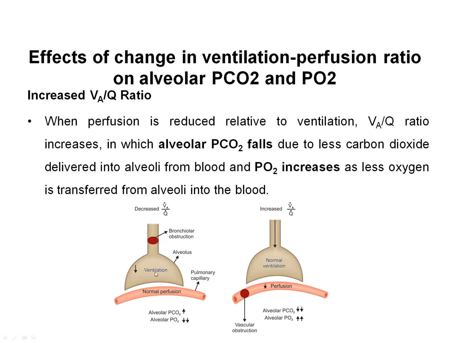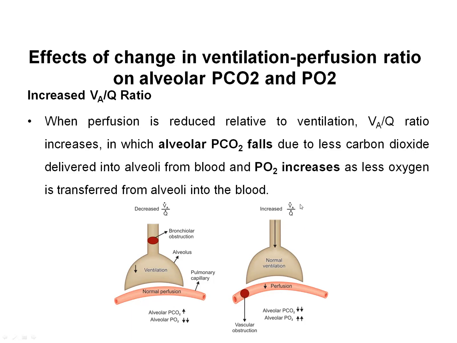So the amount of carbon dioxide will be much more, and the alveolar PO2 will be decreased because the perfusion is normal. So carriage of oxygen is normal and due to that PO2 will decrease but the PCO2 will increase if the decreased VA/Q ratio is there.